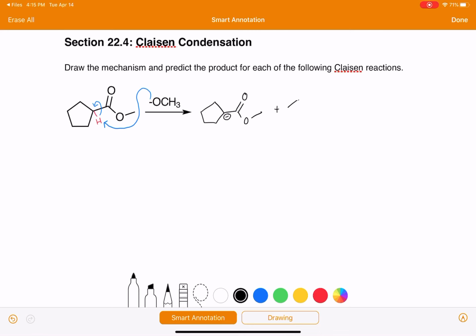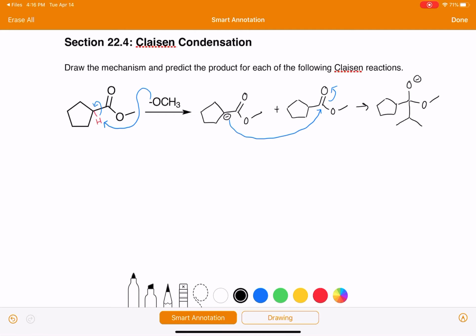And the enolate is then going to react with ester number 2. It is going to attack the carbonyl carbon, open up the carbon-oxygen double bond, and give us that's half of the molecule.